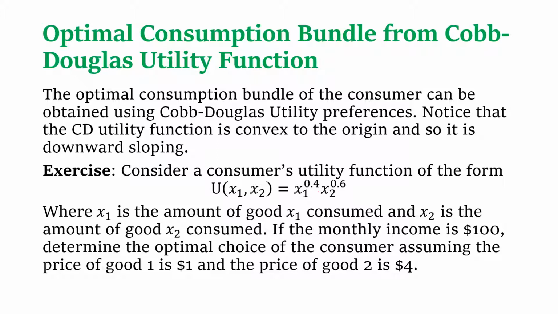So did you see now what happens here? When you are differentiating the utility function with respect to x2, we did nothing to x1. We just dropped x1 down, x1 to the power 0.4. That one remains unchanged. What changes is the second variable.